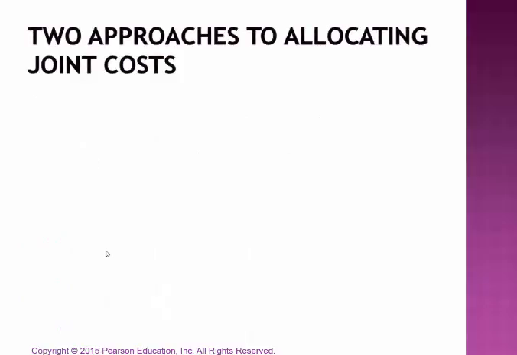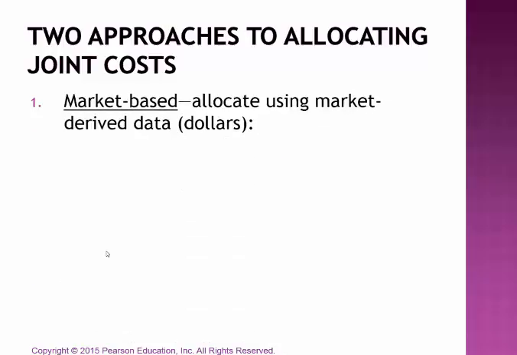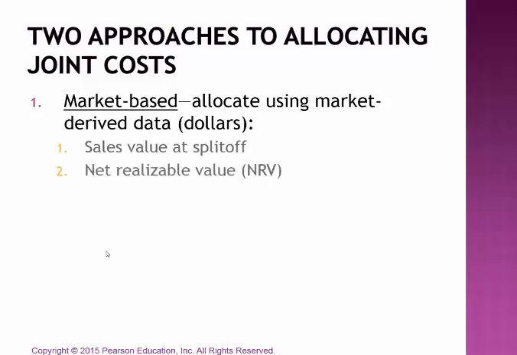We've got two approaches to allocating joint cost. We can either do it market-based, which is allocated using market-derived data or our sales dollars or revenues. We can do it based on one method called the sales value at the split-off method. We can do it based on what is called the net realizable value or NRV.